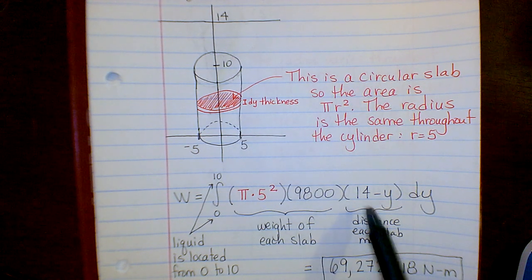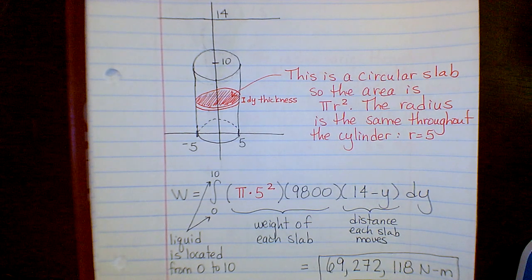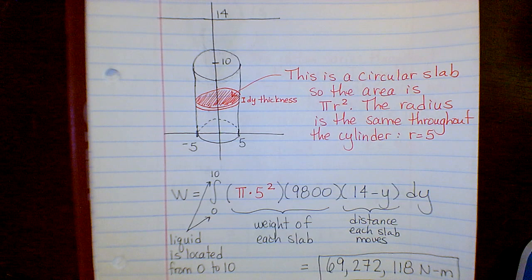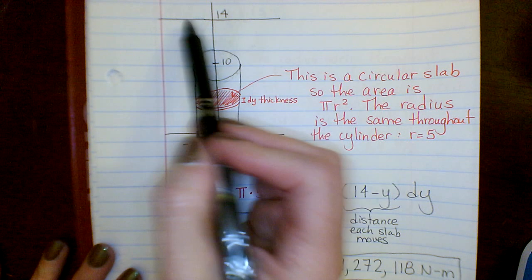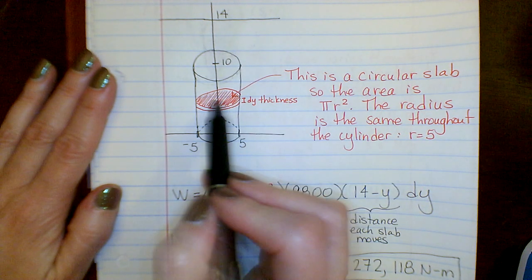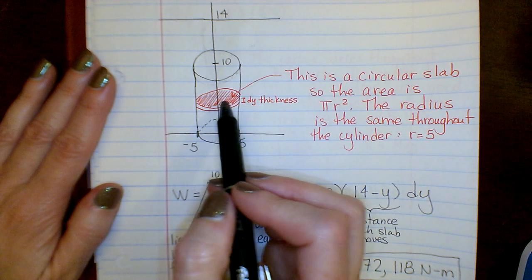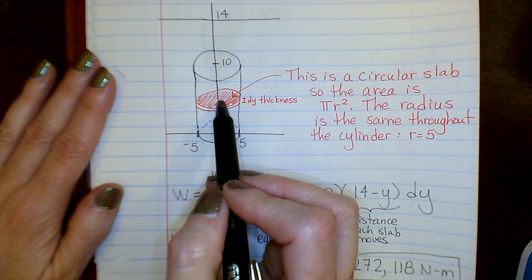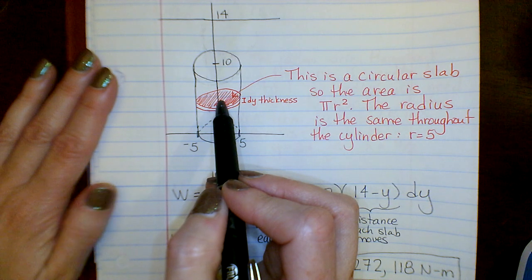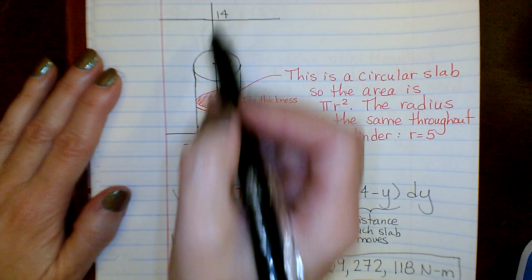Alright, so this is where some confusion might come in. Where did I get 14 minus y from? Well, the distance each slab has to move. So we're pumping it to this level 4 meters above the top of the tank. Let's say that this slab right here is at, I don't know, let's say that it's at 5 meters. If this particular one's at 5 meters, how far does it have to move to get up here?